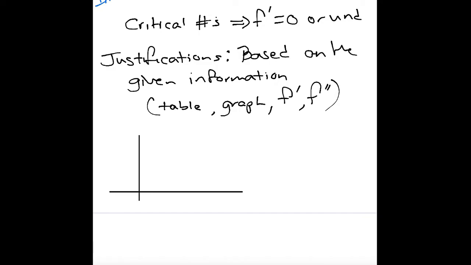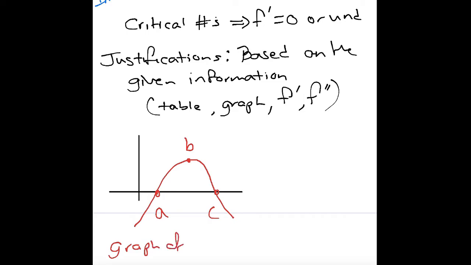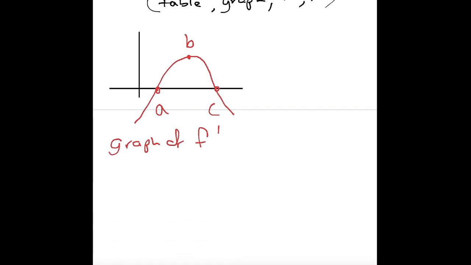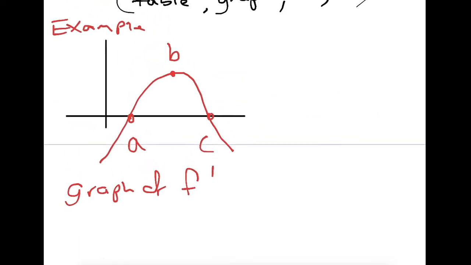I give you a graph that maybe looks like this, and I call this A, call this B, call this C, something like that. And I tell you this is the graph of f prime. So here's my graph of f prime.